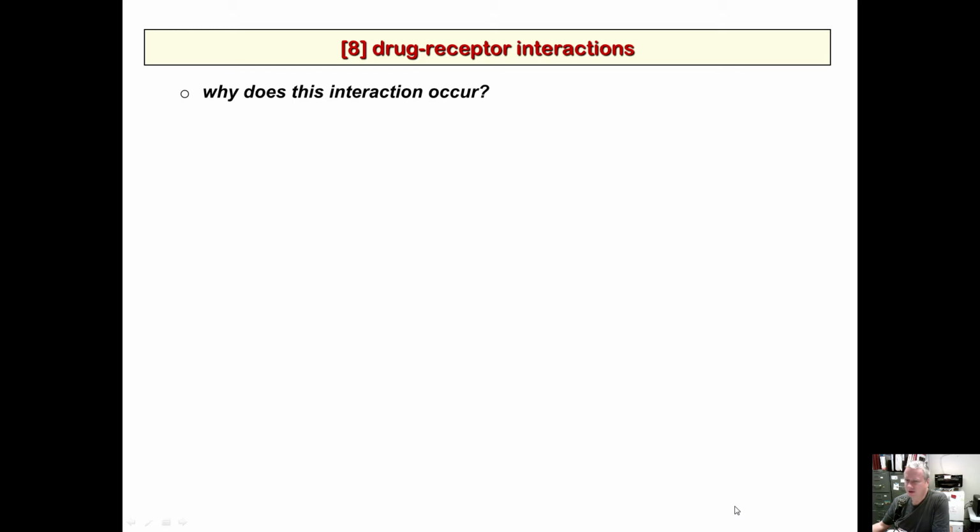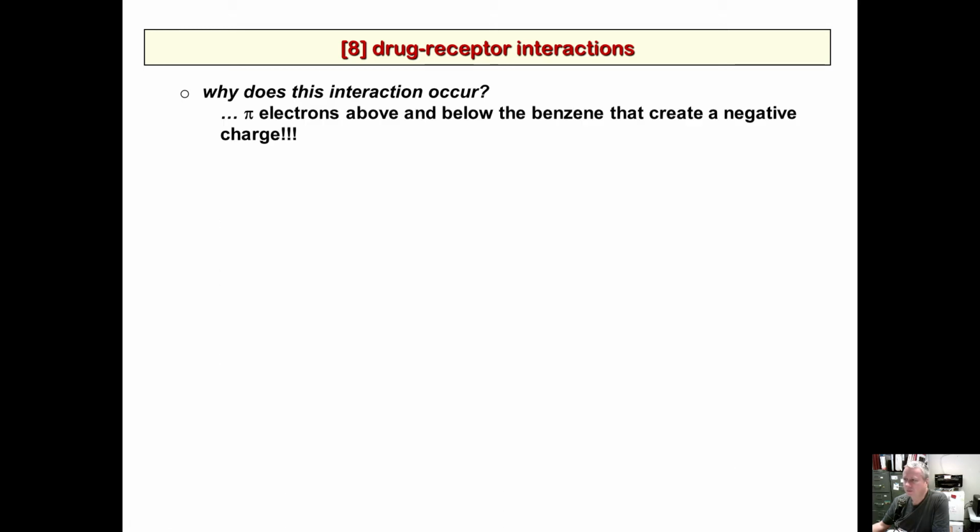Okay, so why does it occur? If you think about a benzene ring, or a heterocycle, an aromatic molecule, there's a pi electron cloud above and below that essentially creates a partial negative charge. It's not a full negative charge, but a delta negative type thing because there's a lot of electrons, and electrons are negative.